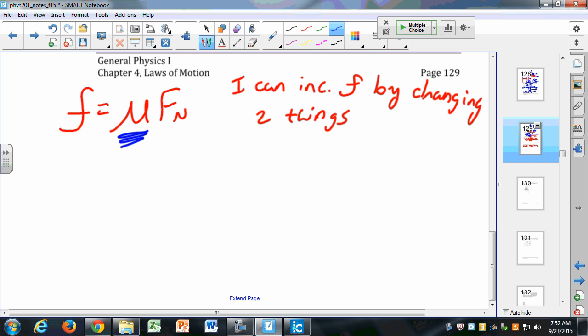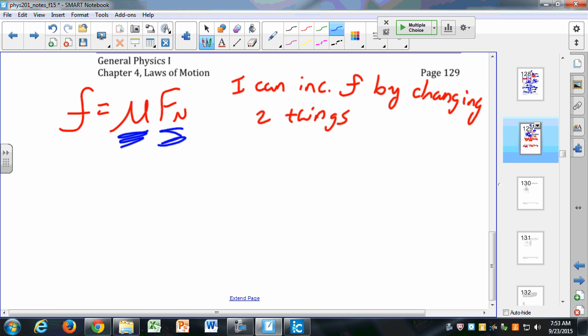So when you see the coefficient of friction, or when I describe it to you in a problem, I'll provide it to you or you'll need to find it. It'll give the two materials. So like rubber on steel might have a different coefficient of friction than say wood on steel or whatever. So whenever you see the coefficient of friction, it's dependent upon the material, and not just one of the materials, but both materials. The other thing that you can change is the normal force.